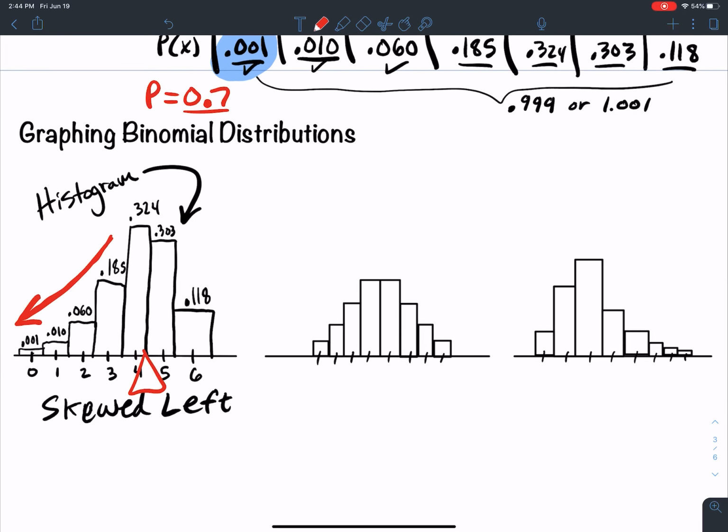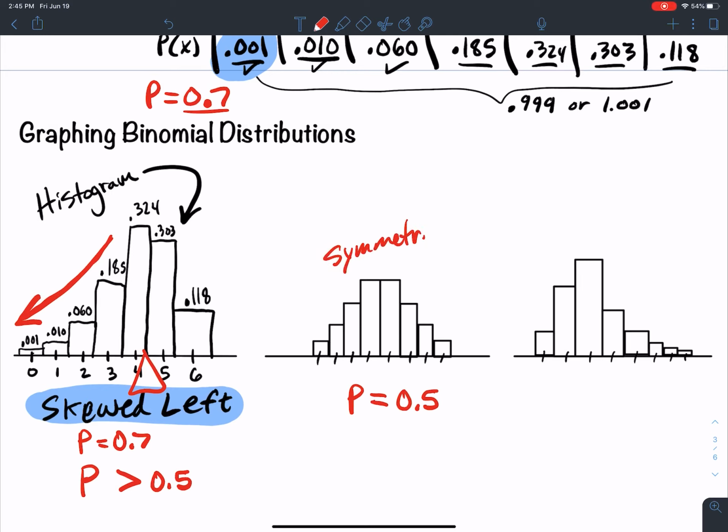So here's the idea. Since P here was equal to 0.7, if P is greater than 50%, then you are skewed to the left. If P is exactly equal to 50%, a 50% chance that you are successful and a 50% chance you're a failure, then your distribution is symmetric. Draw a vertical line down the middle. It's the same on both sides.